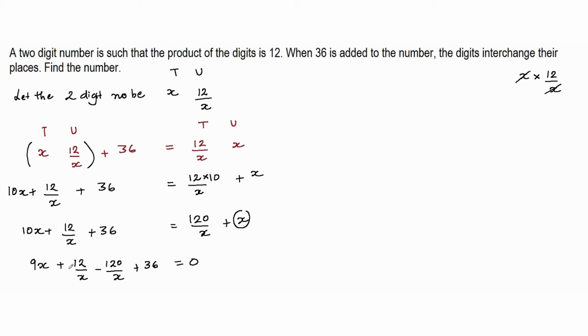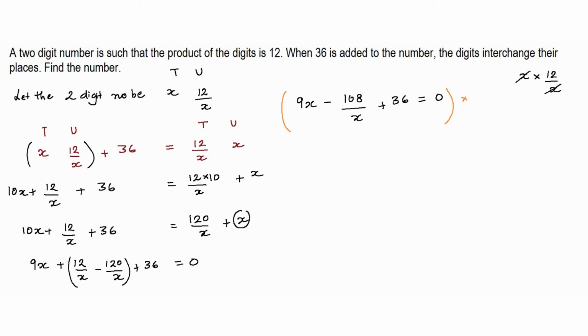I can simplify these two terms because they have the denominator as x, so it becomes 9x minus 108 upon x plus 36 is equal to 0. Now I can multiply both sides by 9 and therefore, multiplying both sides by 9 makes no sense.